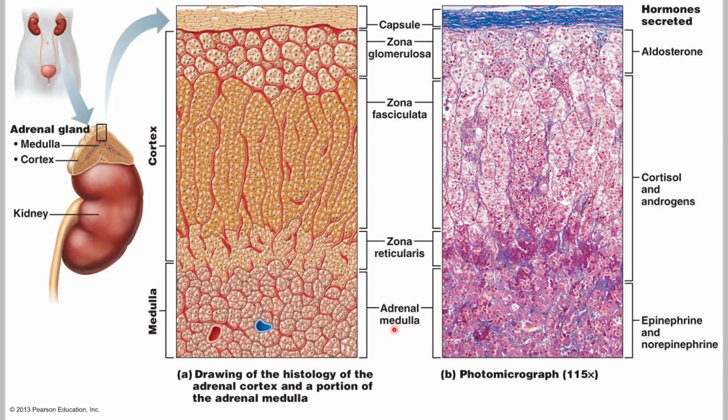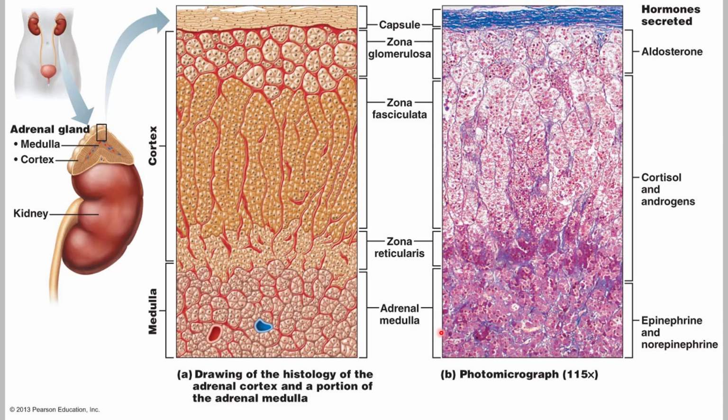So the adrenal medulla is separate from the adrenal cortex. The adrenal cortex has three layers, and we have the adrenal medulla. So four different things within the adrenal gland, and all of them will behave a little bit differently. The adrenal cortex, there are some similarities between the three layers. The adrenal medulla is kind of doing its own thing.